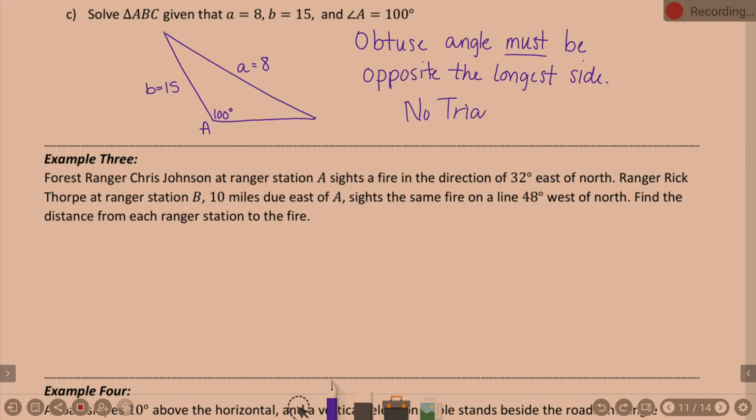No triangles possible. I just wrote no triangles possible, and that's fine, but if you're looking at this while doing homework and trying to figure out why this was no triangles possible, there's your note to yourself.